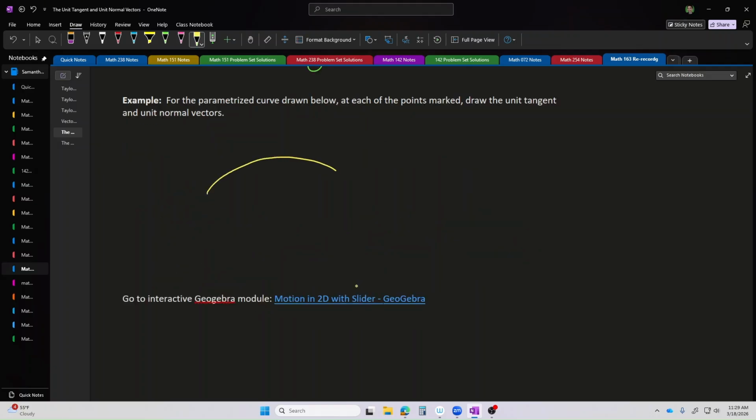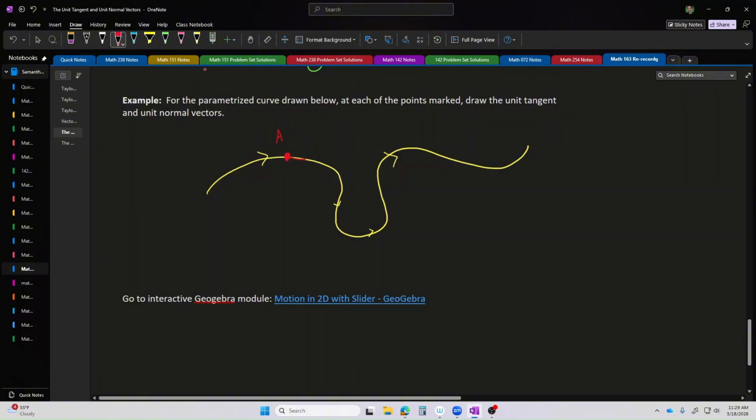So if, for example, I just draw some random curve oriented, roughly speaking, from left to right, and I mark a certain point on this curve at random, let me call it point A. If I wanted to draw the unit tangent vector on this graph, I would draw that vector tangent to the curve pointing in the direction of motion, 1 unit in length.